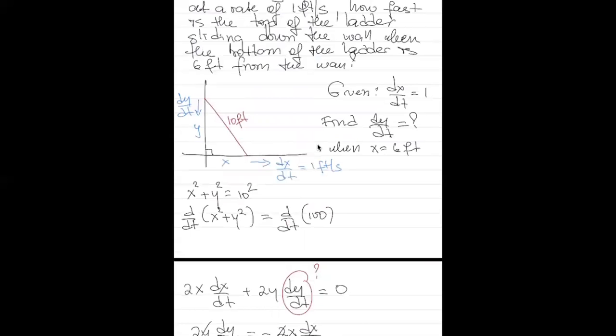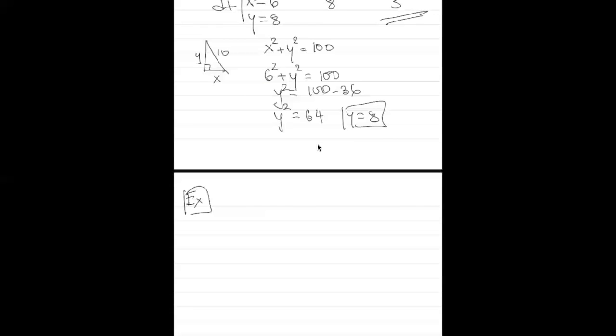Okay, a bit easier example here. Each side of a square is increasing at a rate of 6 centimeters per second.